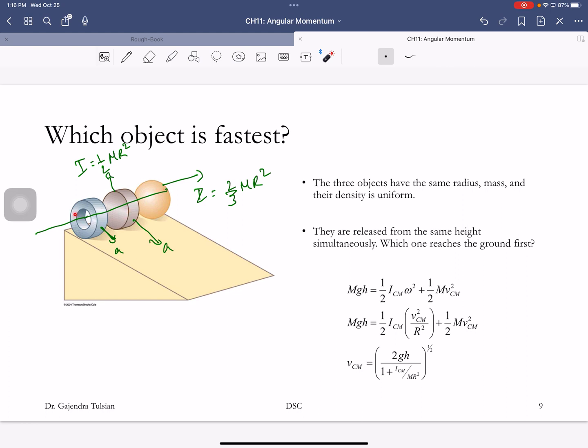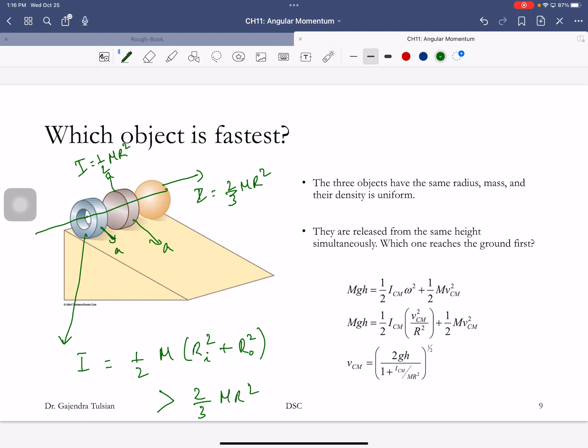Now between these two, the moment of inertia of this one is I equals 1/2 m times the inside radius squared plus the outside radius squared. In this formula, that's the outside radius. So if this happens to be greater than 2/3 mr squared for the wheel, then he'll be behind the wheel.